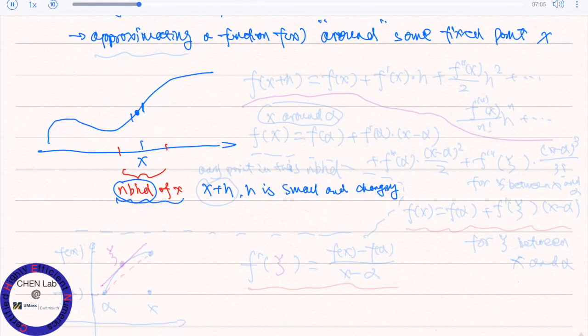So by approximating, we mean that we can write down something for x plus h, any point in this neighborhood.